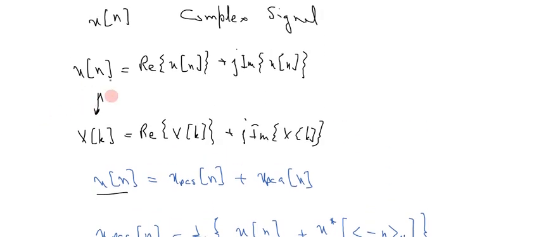Similarly, we have decomposed our signal into its real and imaginary parts. From these two decompositions, we can define symmetry properties of the discrete Fourier transform for a complex signal x of n.